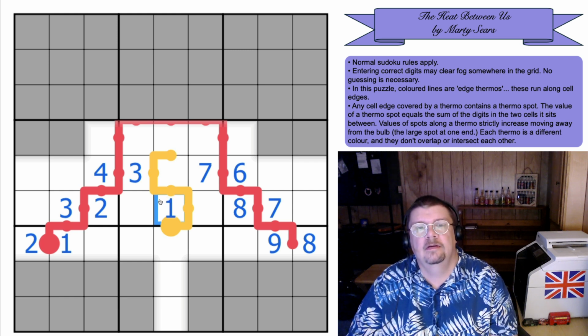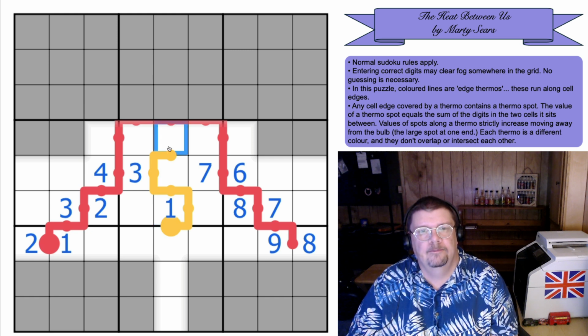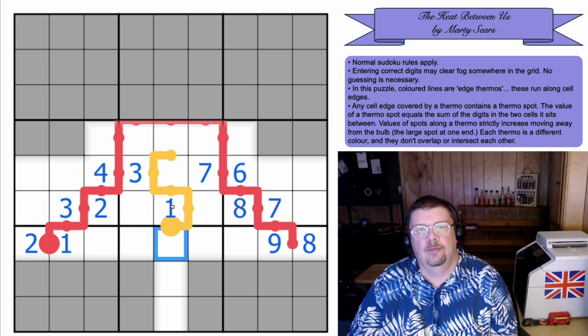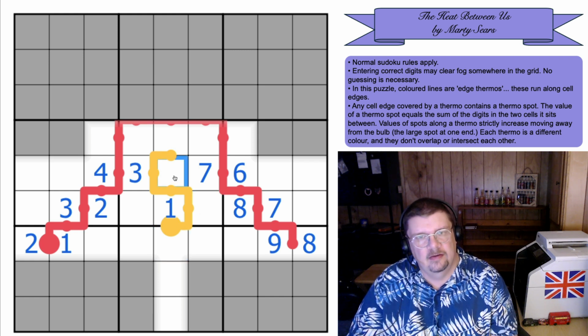That's a 1. And it didn't clear any fog. All right. But that must be more than that. Sorry, that must be less than that. That's more than that. All right, what have we got here? So likewise, this doesn't really matter for the value of these 3 as long as that is less than that, which is less than that.